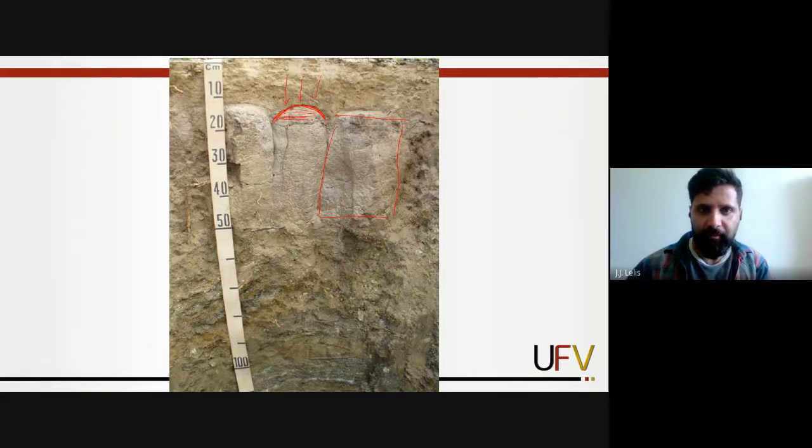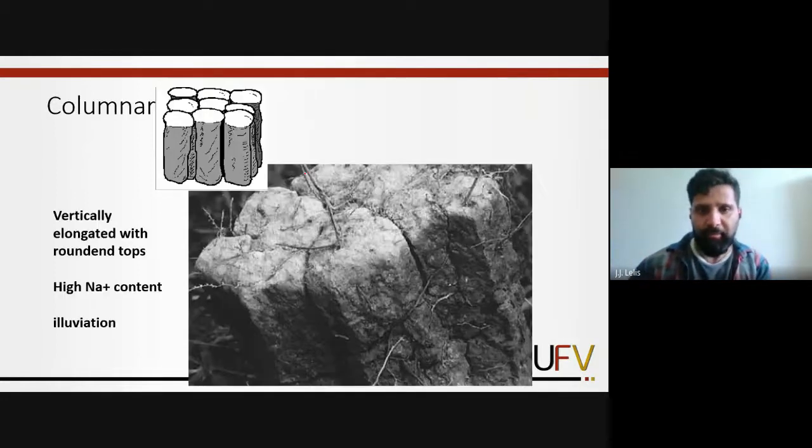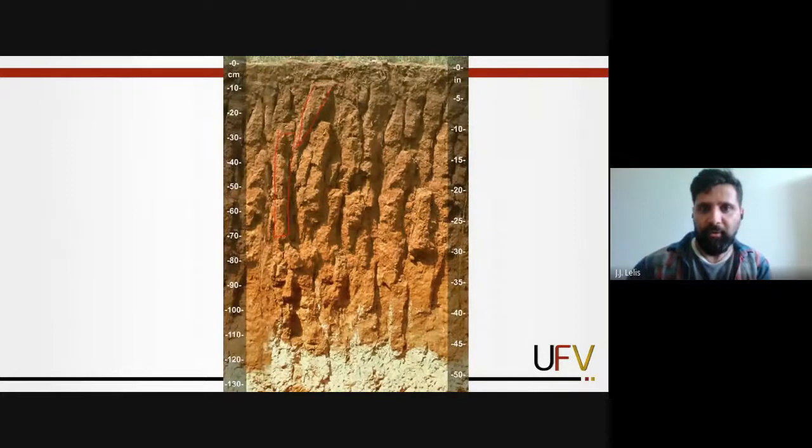This kind of structure shows us that we have clay eluviation in that landscape, something that helps clay migration through the soil profile. They are different from only the prismatic ones, where we don't have clay eluviation, we don't have migration of clay from the surface horizons into the subsurface horizons.